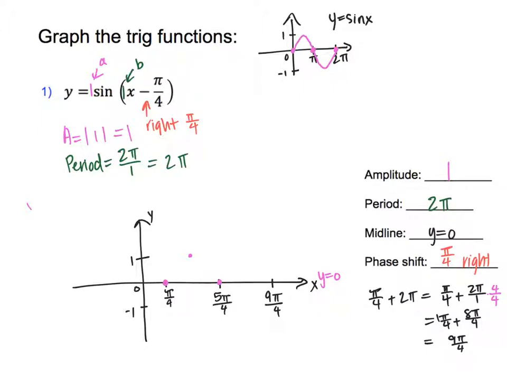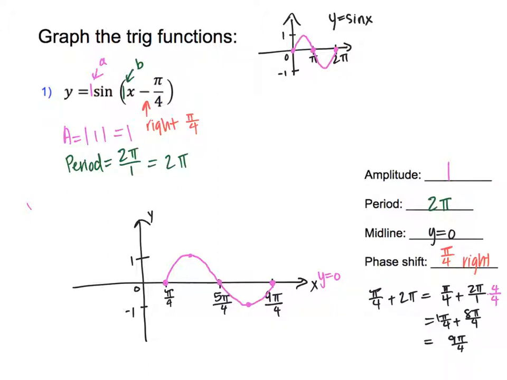Then at the halfway point between 5 pi over 4 and 9 pi over 4, it's going to be the minimum at negative 1, and then back to 0. And so when I draw this curve, it's going to look very similar to that sine curve above. But the difference is that this has been shifted pi over 4. So that's why this curve still looks the same, but it's just been shifted because of the equation that we were given.